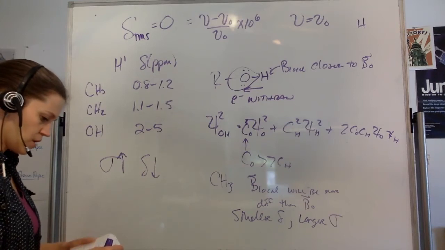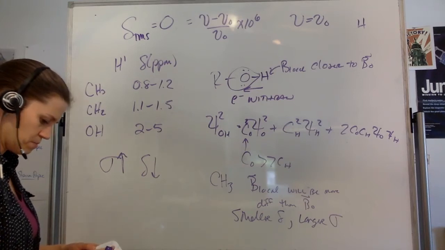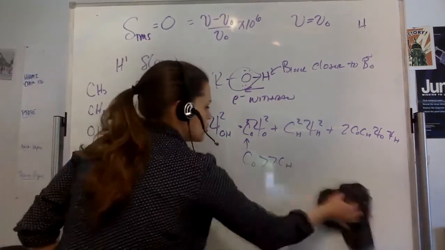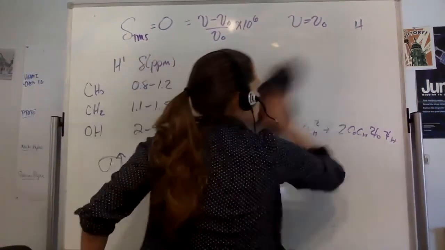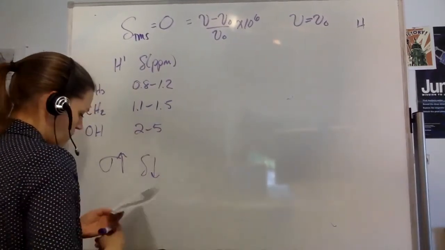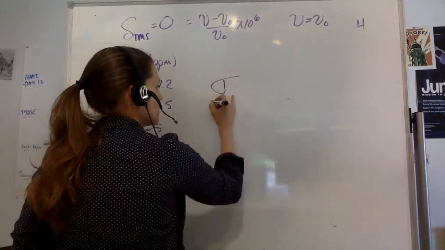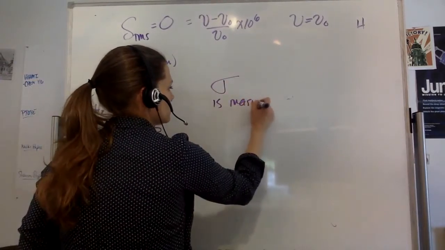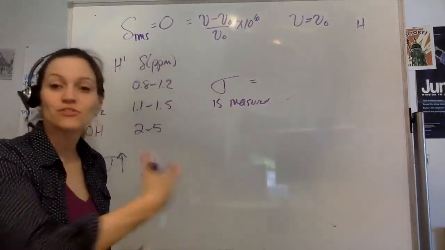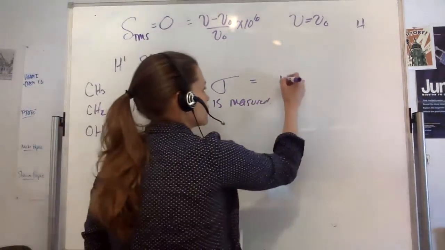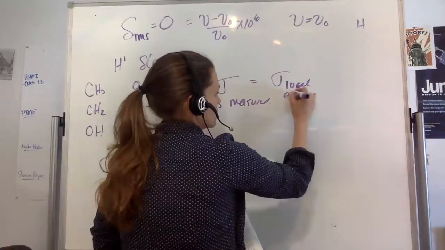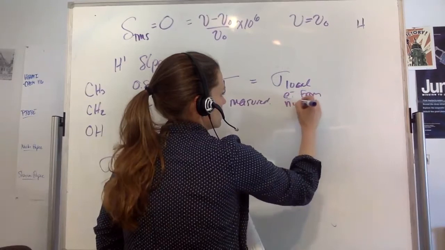Okay, other things of note, then I want to talk about our general trends of the chemical shift. So this is measured, okay, and that's going to equal several types of shielding. So you're going to have the shielding of the local, and this is the electrons from the nucleus.